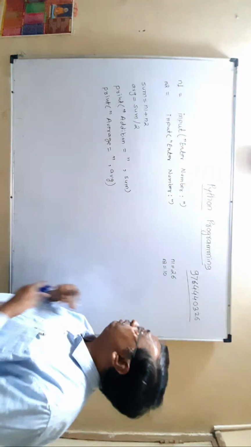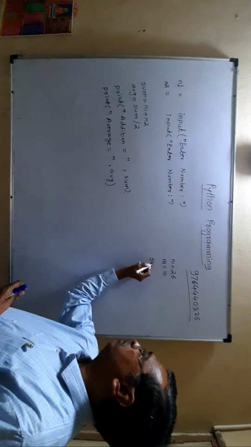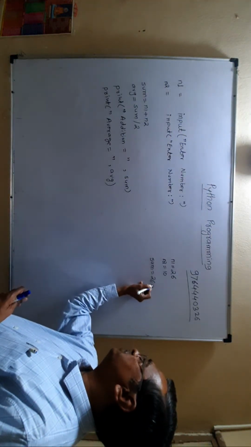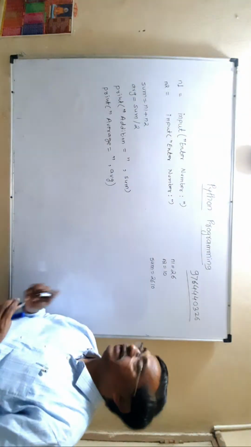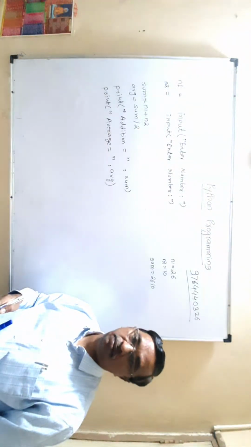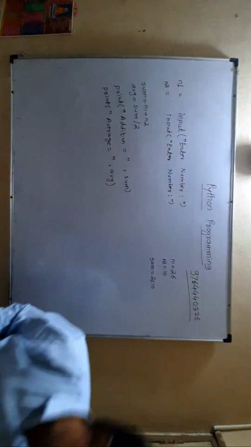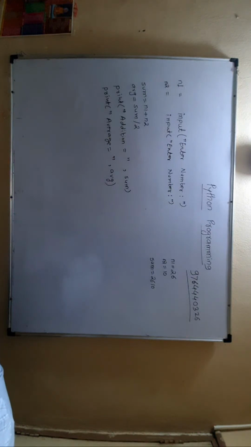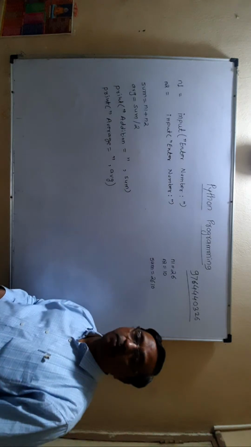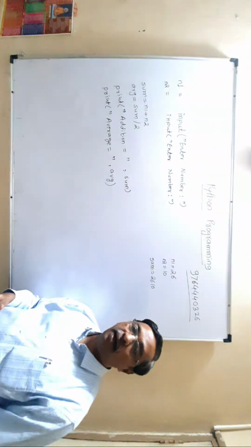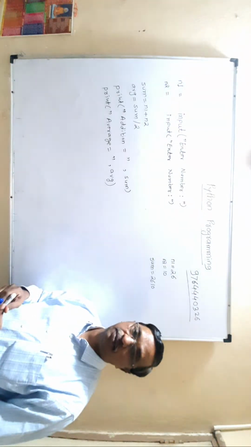For us, 26 is a number and 10 is a number, and when it calculates the sum, we expect 26 plus 10. But whatever data we input from a keyboard is by default considered a string or character.